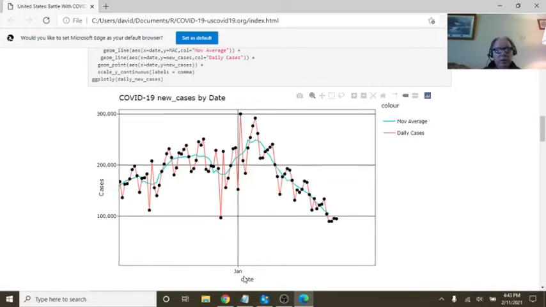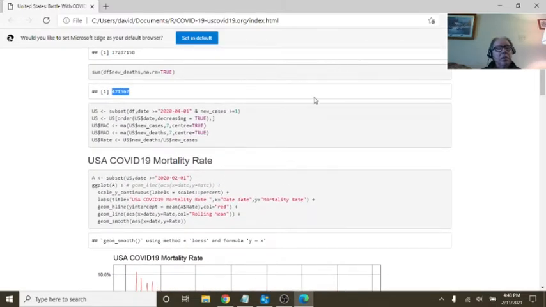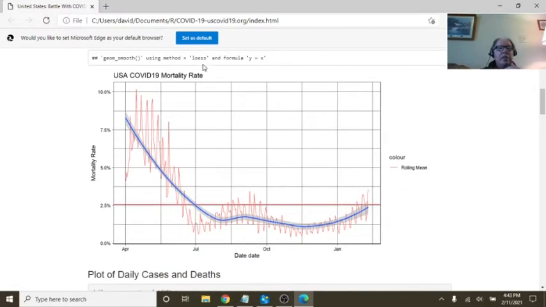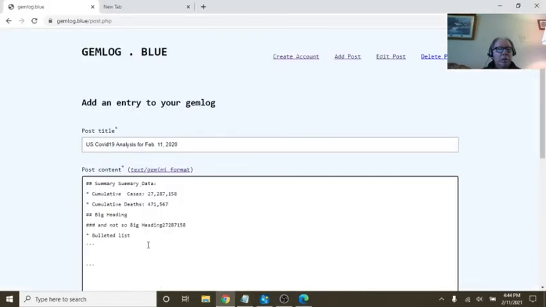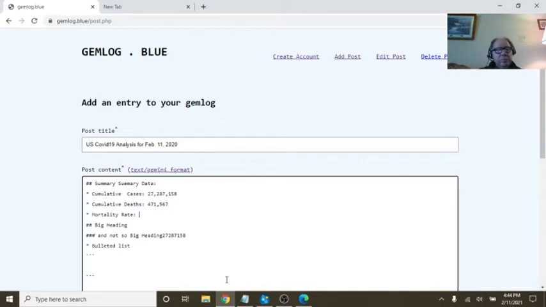Cumulative mortality rate. Average mortality rate, 0.67%.